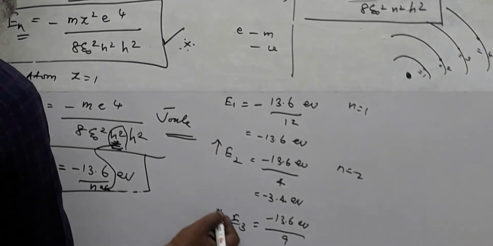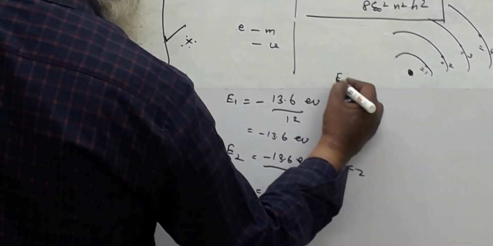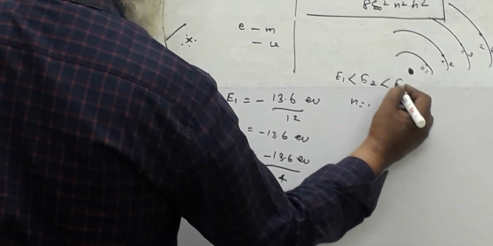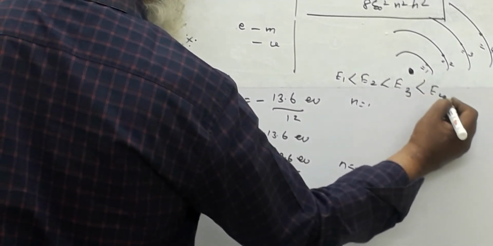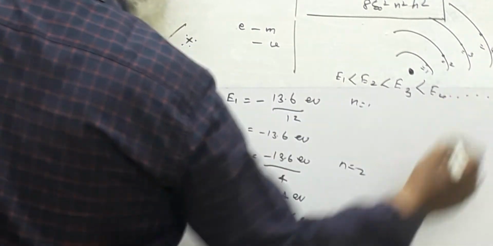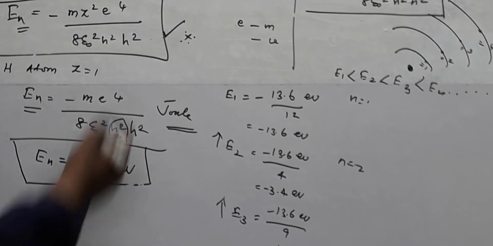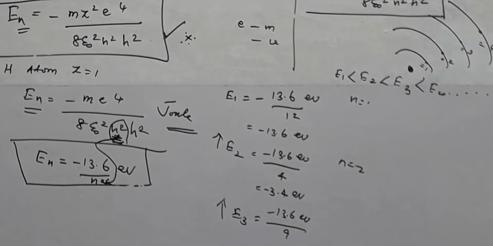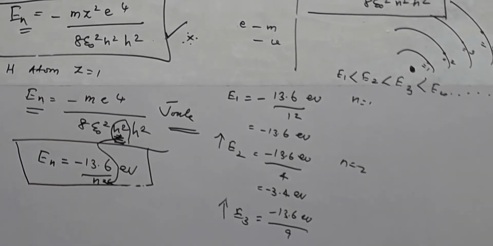Therefore, we can write one famous equation: E1 is less than E2, less than E3, less than E4, and so on. This is a very, very important conclusion by Bohr to explain the value of the energy of the nth orbit electron.